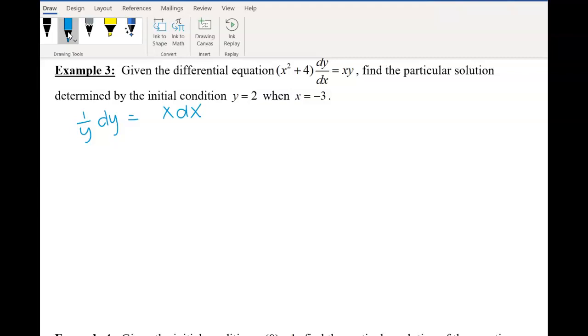But that still leaves this x squared plus 4, which is currently being multiplied, so we have to divide it to the other side. So I have 1 over y dy equals x over (x squared plus 4) dx. When the degree of the top variable is 1 less than the degree of the bottom variable, we need to use u-substitution.